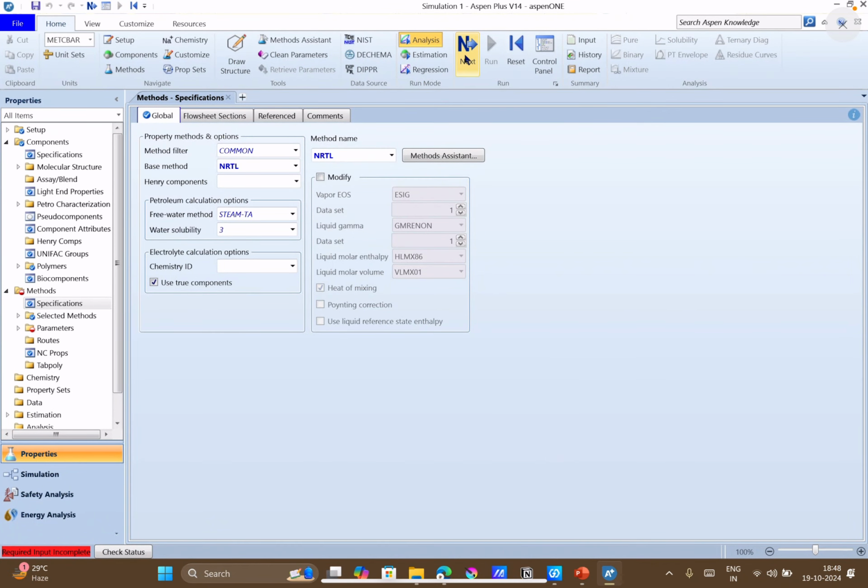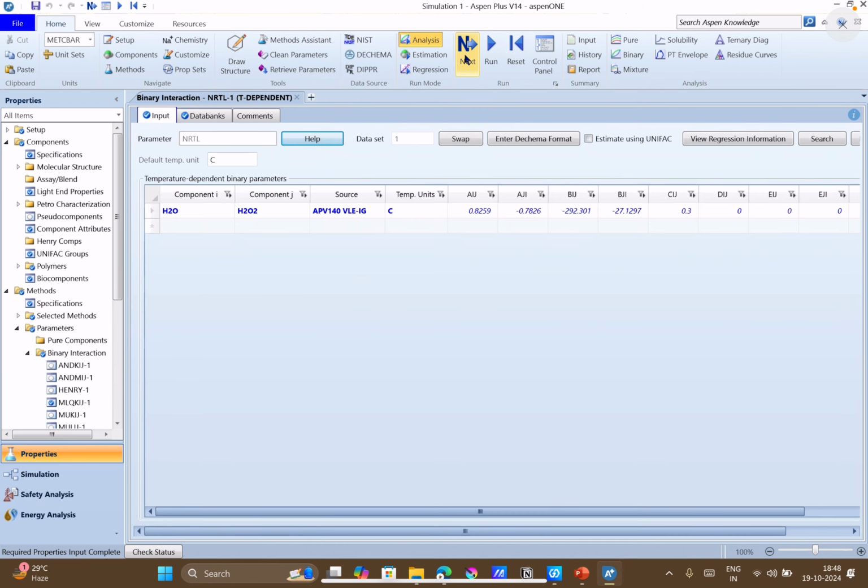Okay. And estimate parameter using Unifac.